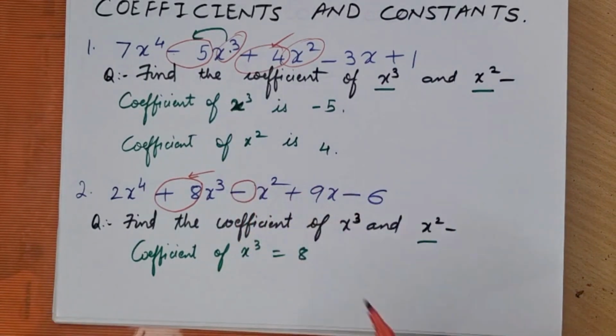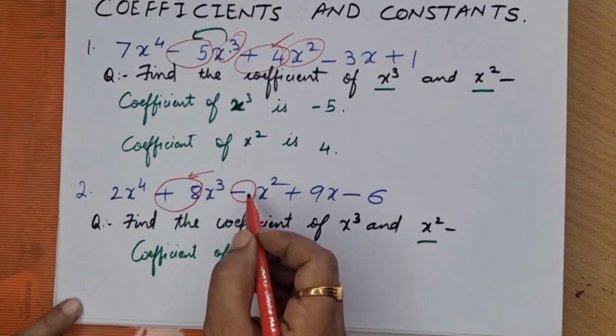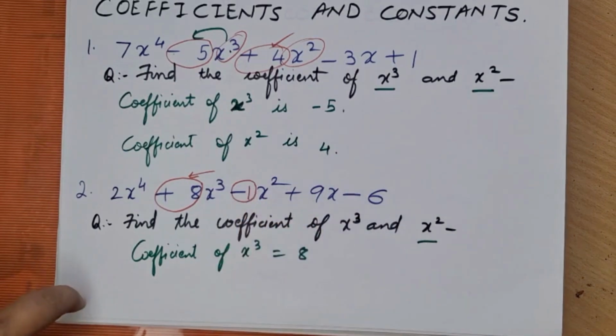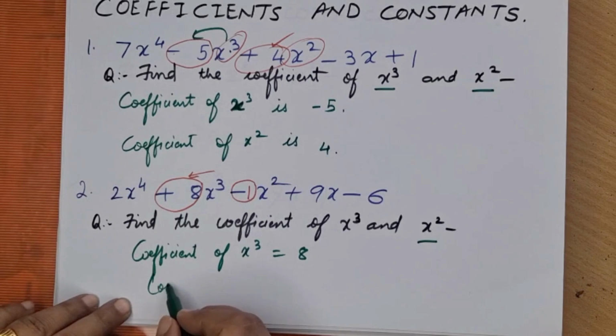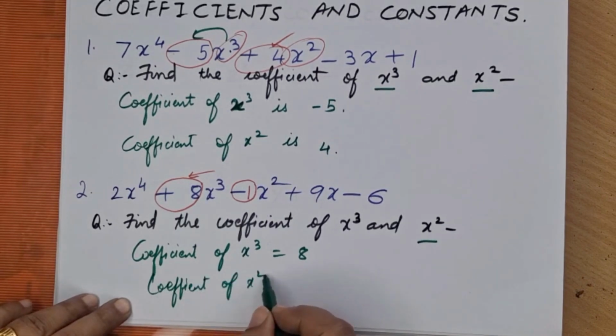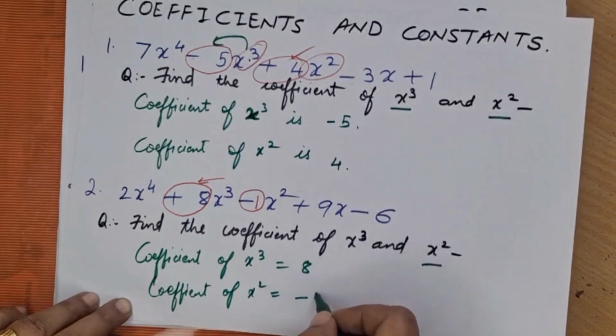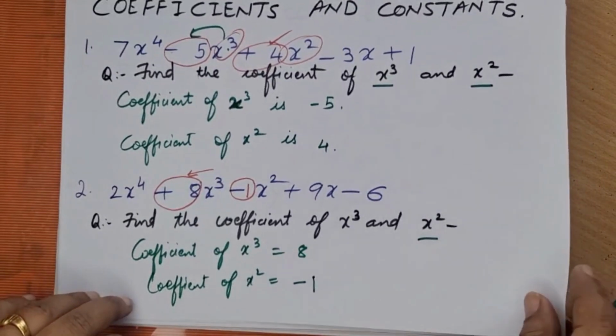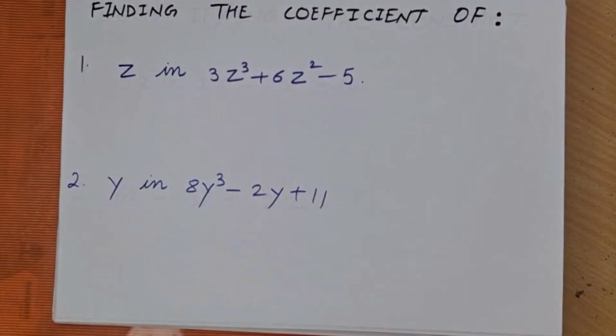Which number is seen before x square? There's only the minus sign. So, can I write 1 in between the minus sign and x square? Yes. Now, this becomes our coefficient of x square, minus 1 in front of x square. So, coefficient of x square is minus 1.